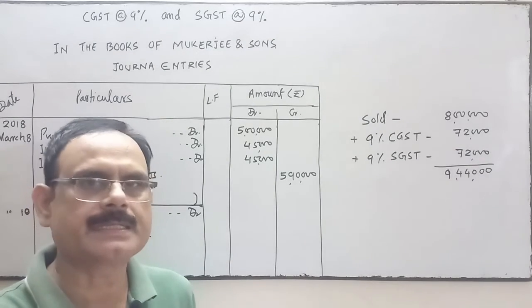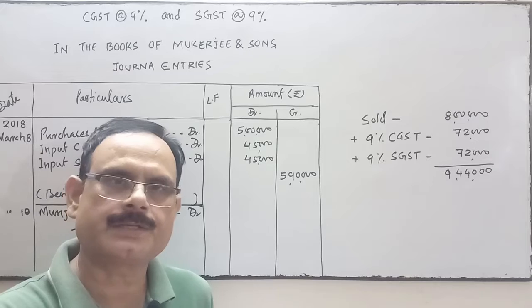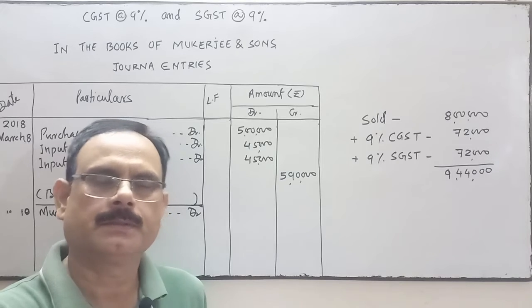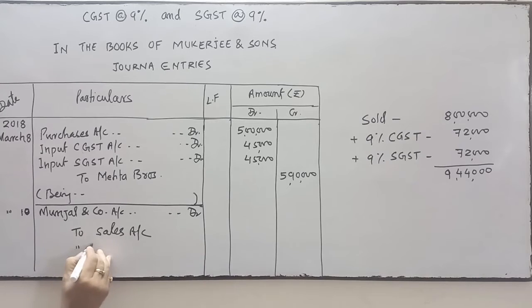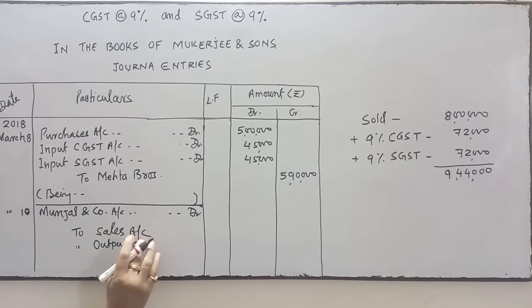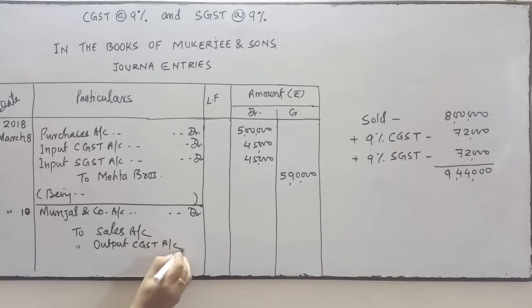At the time of purchase it is called input CGST and input SGST, but at the time of sale it is output. So output CGST account credit and output SGST will be credited.